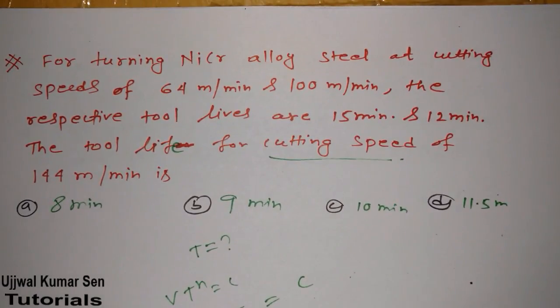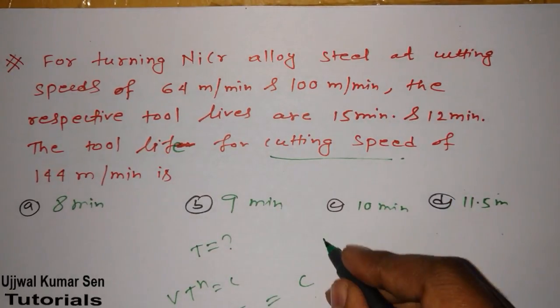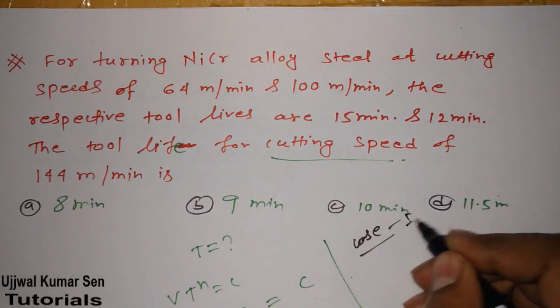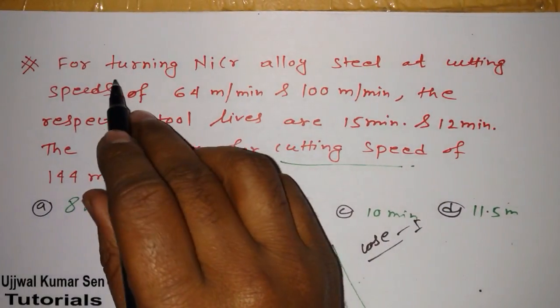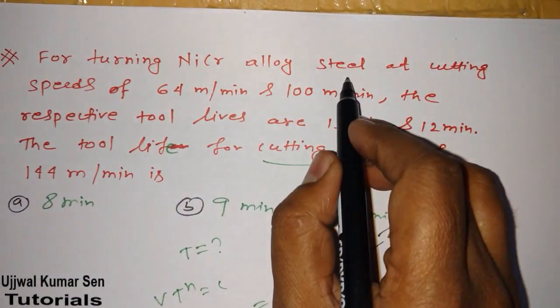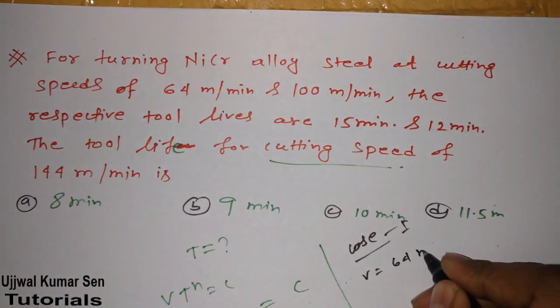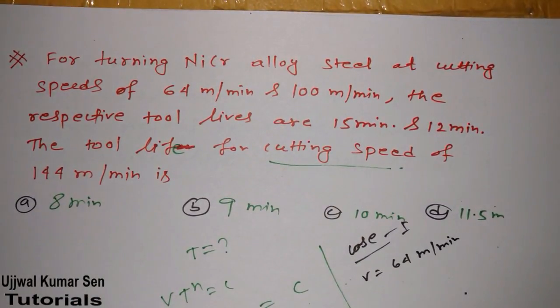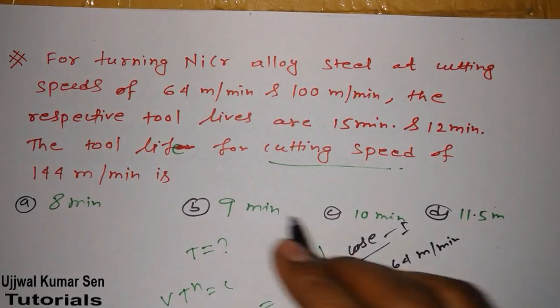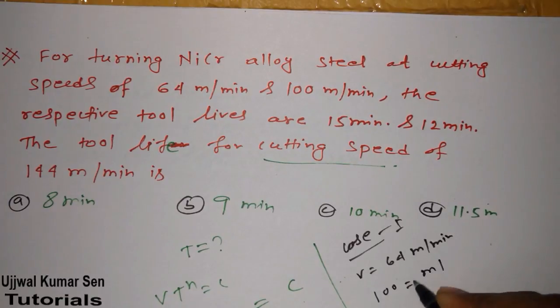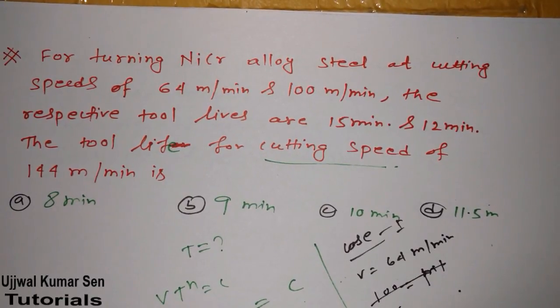Okay, now I read the question. They have given a case here also. For turning nickel and chromium alloy steel at a cutting speed of v is equal to 64, units play the most important role, don't forget to write the unit, right? v1 is this, and v2 is 100 meter per minute.